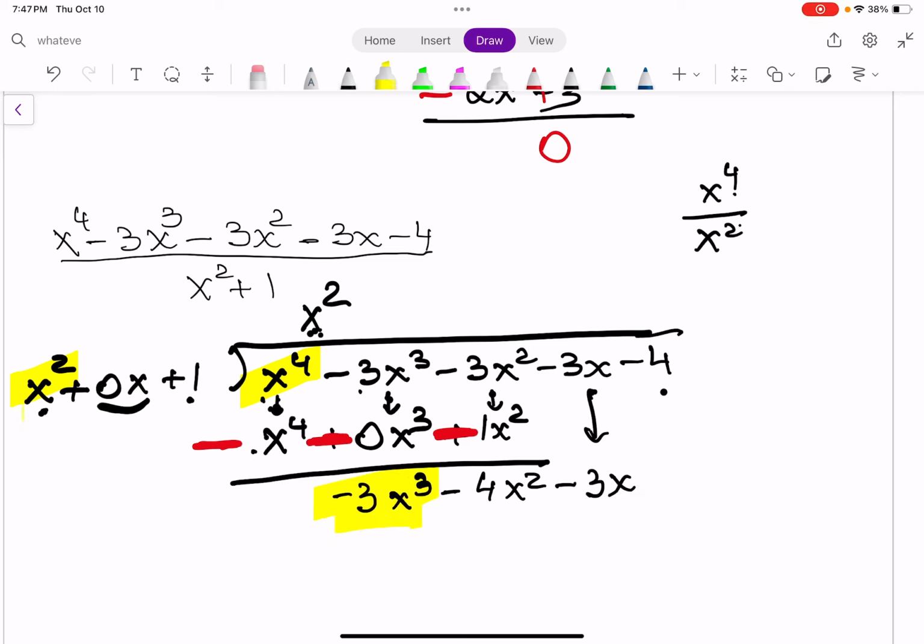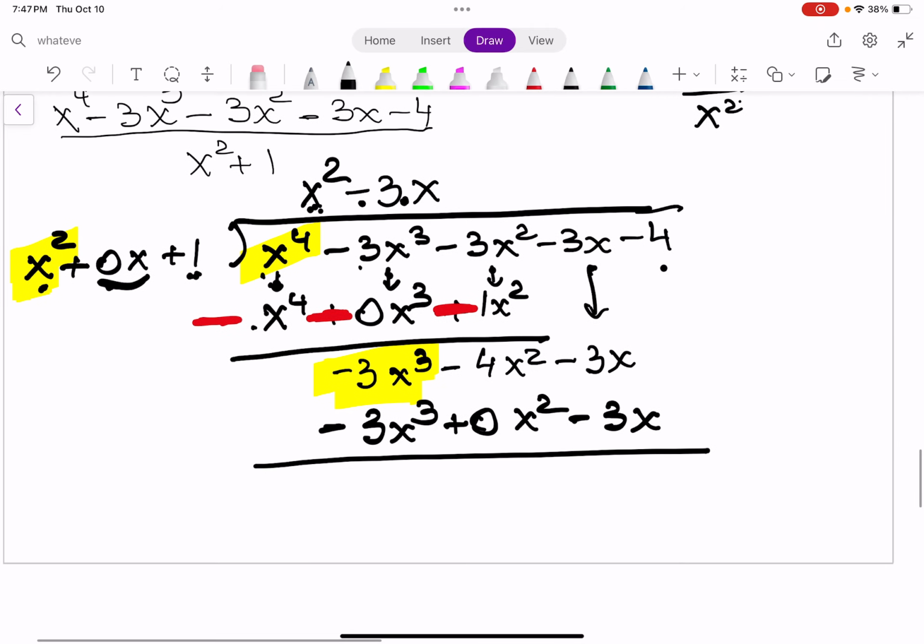How many times does x squared go into negative 3x cubed? So I need a negative 3 factor and one more x. Negative 3x times x squared is negative 3x cubed. Negative 3x times 0x is 0 or plus 0x squared. Negative 3x times 1 is negative 3x.